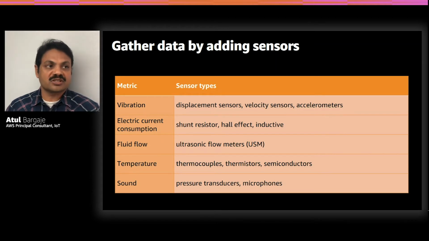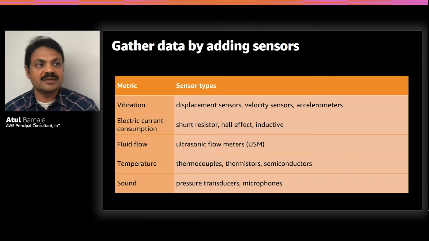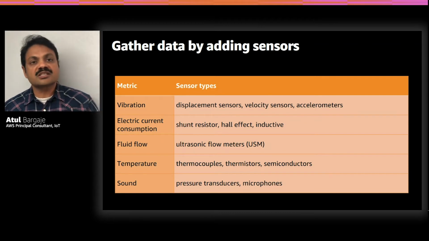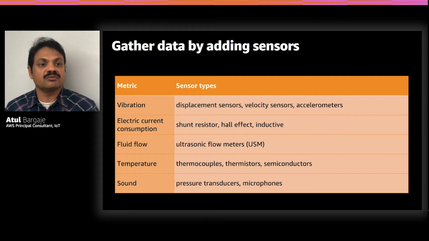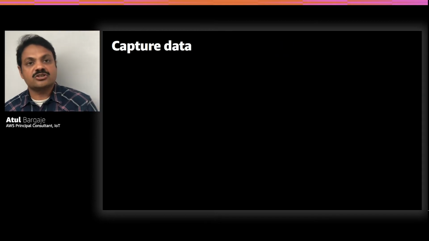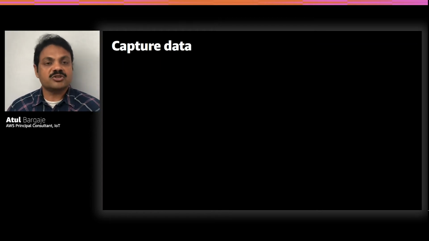Ultrasonic flow meters can be deployed to capture flow of liquids through pipes. Temperature and sound sensors are a very cost-effective way of adding instrumentation to your equipment in order to gather the data that you are looking for. So these are some of the sensors you can add to your equipment to capture data.